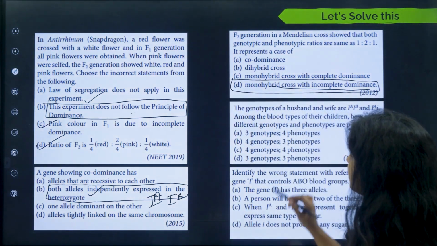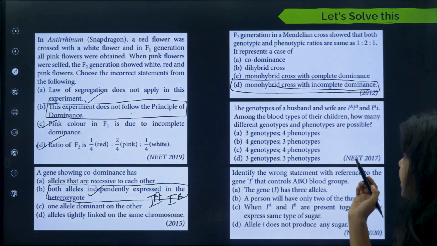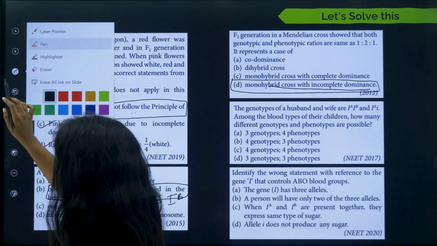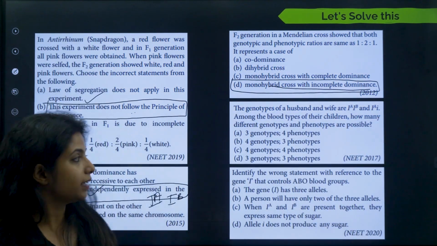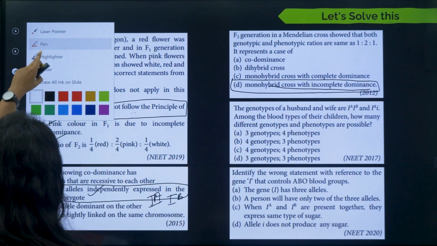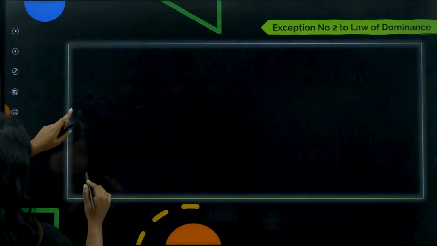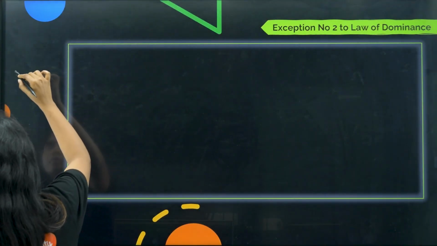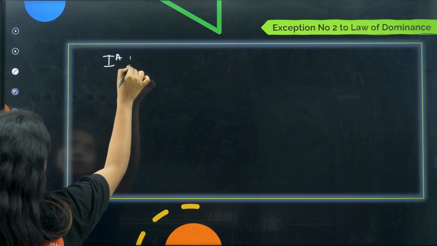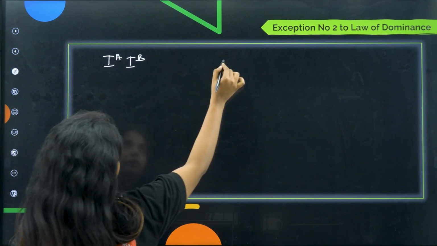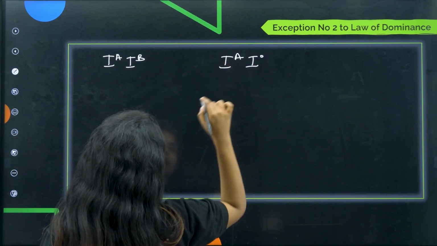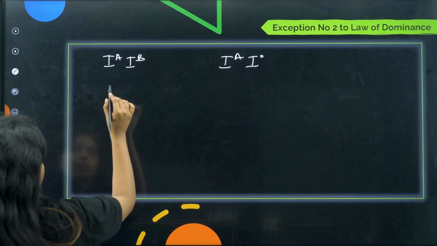Okay, the genotypes of husband and wife are IA, IB and IA, IO, or basically I, small i they have mentioned. For this we have to make it. So let's, are you ready to make it? Now they are asking the combination.